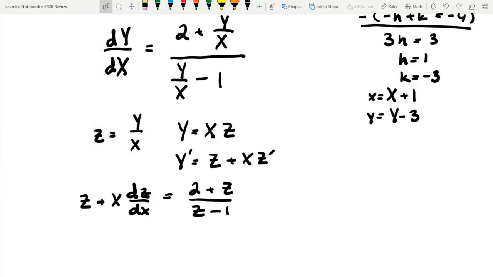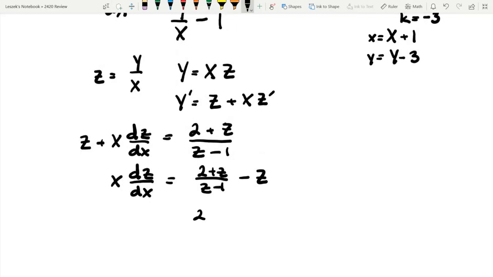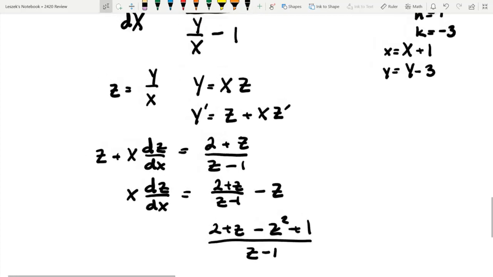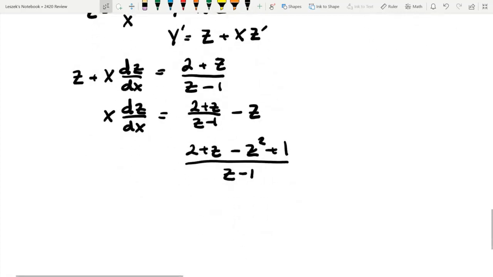And this homogeneous differential equation after the change of variable is guaranteed to be separable. So let's see if that's the case. Common denominator. And now we can separate the variables.